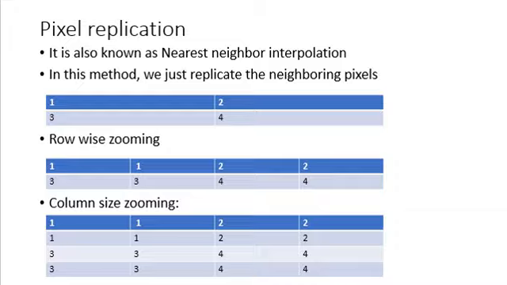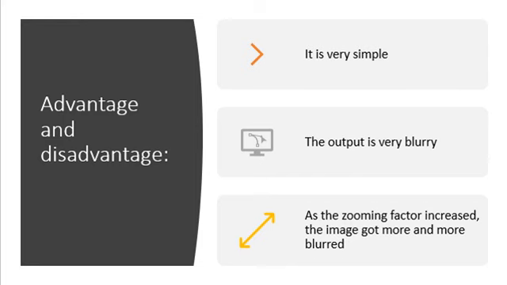One of the advantages of this zooming technique is that it is very simple, you just have to copy the pixels and nothing else. The disadvantage of this technique is that the image gets zoomed but the output is very blurry, and as the zooming factor increases, the image gets more and more blurred. That would eventually result in a fully blurred image.